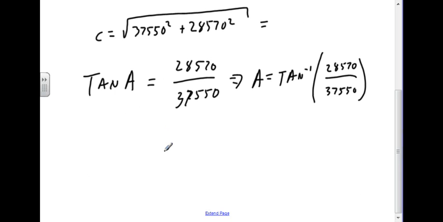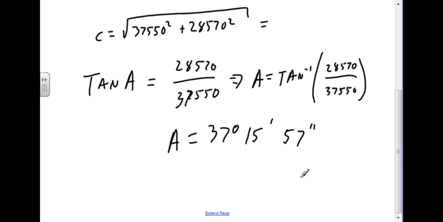Okay, so I'm going to go second function, answer, math, degree, minutes, seconds, convert to degree, minutes, seconds, enter. So A is going to be 37 degrees, 15 minutes, 57 seconds.